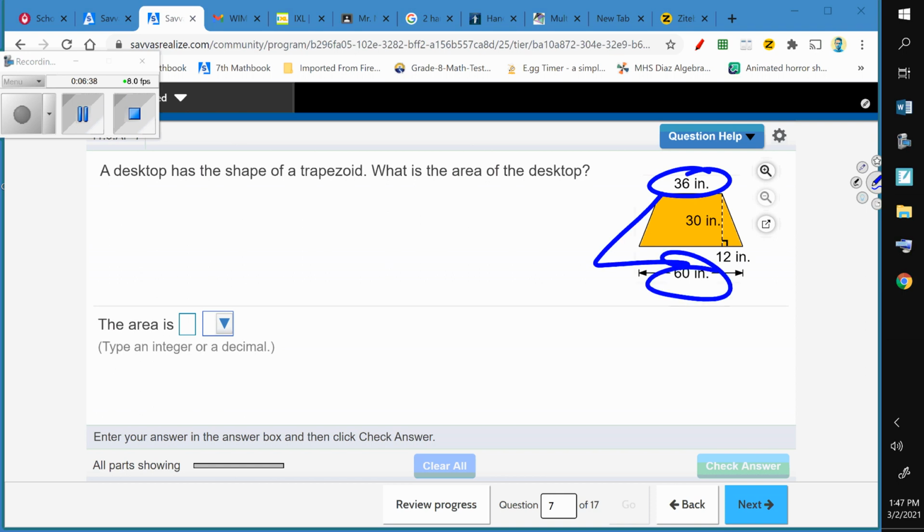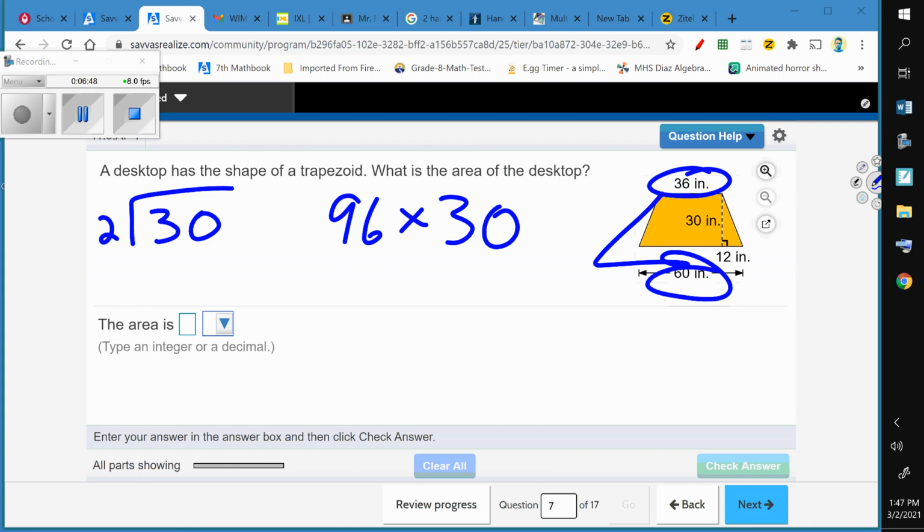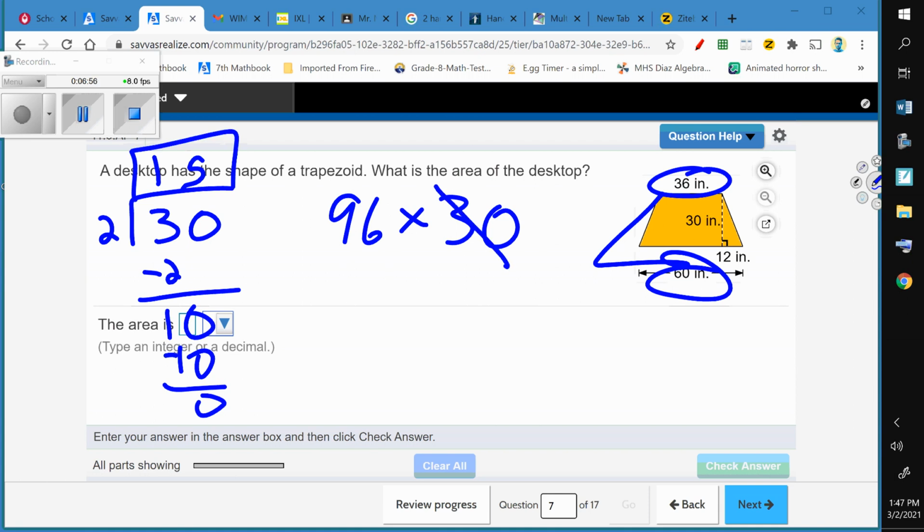Area of the desktop. These are big numbers, no big deal. Add the two top and bottom to get this times this. Now I can do 30 in my head, or if you can't do 30 divided by 2, or cut 30 in half, then do it this way. Okay, that's 15. So let's cut this in half, which means divide by 2, and that gives us this.